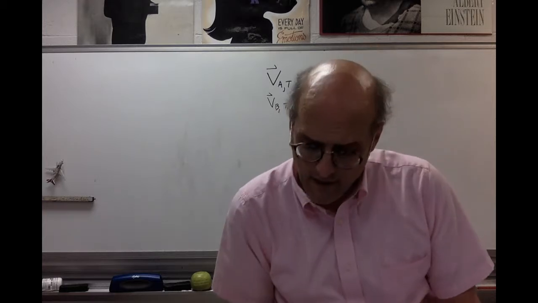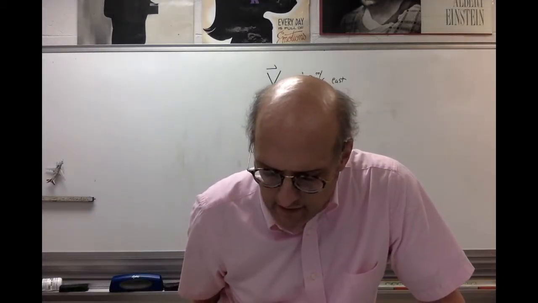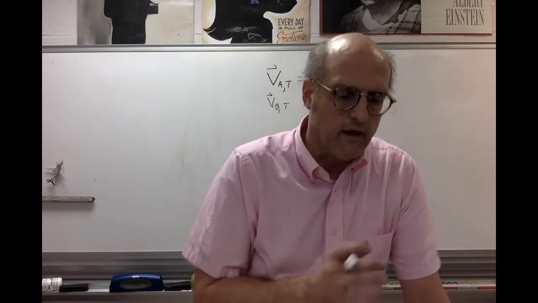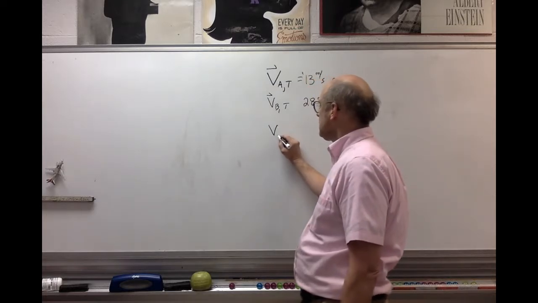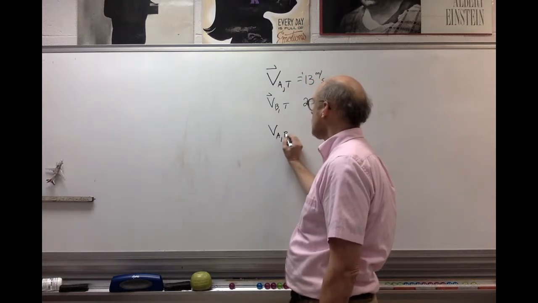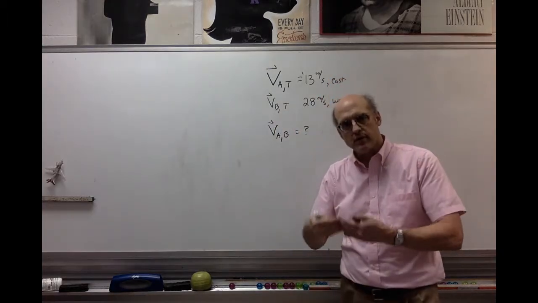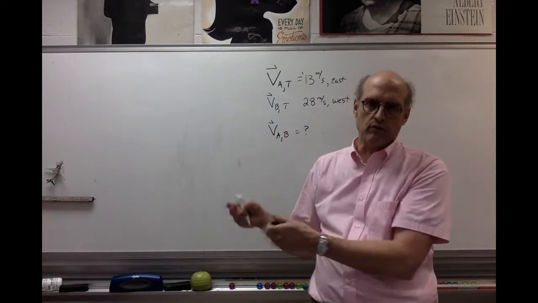In part A, the unknown is the velocity of train A as seen by the passengers in train B. So we're looking at the velocity of train A relative to train B, because the passengers are in train B and they're measuring the velocity of train A relative to them.